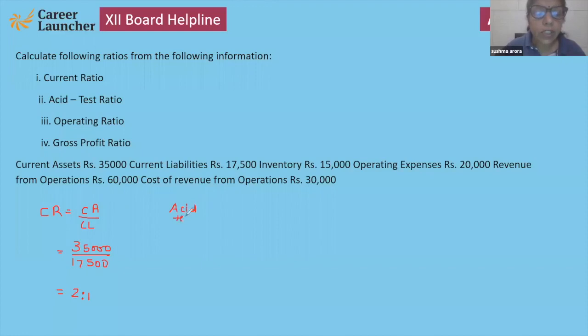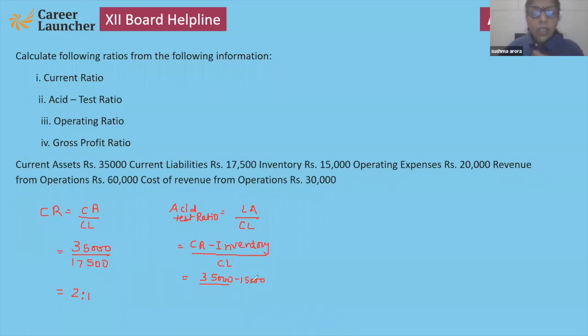Acid test ratio means liquid ratio. Simple formula, LA upon CL. In this question, LA means current asset minus inventory. So upon CL, here 35,000, inventory is 15,000.